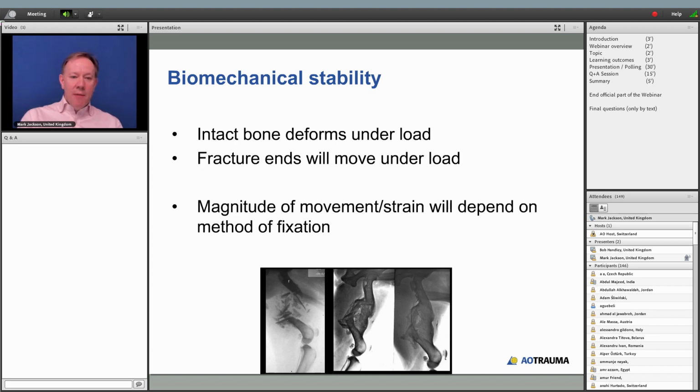At approximately 25,000 microstrain, or about 2 to 2.5%, it will fracture. Once it's fractured, clearly without stabilisation, there is movement, interfragmentary motion between the bone ends. And this can be influenced principally by the technique and the way in which we stabilise the fracture during treatment.